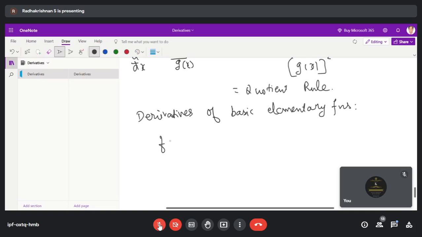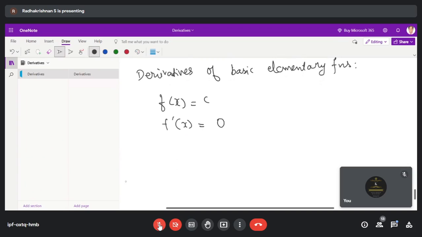We already saw that, no? If f of x equal to c, a constant, what is its derivative? Zero. So for any constant, the derivative is zero.